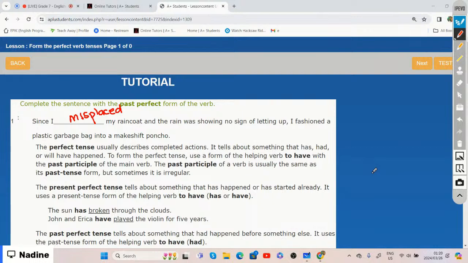So, what is our past perfect helping verb that we are going to put in front of our main verb?